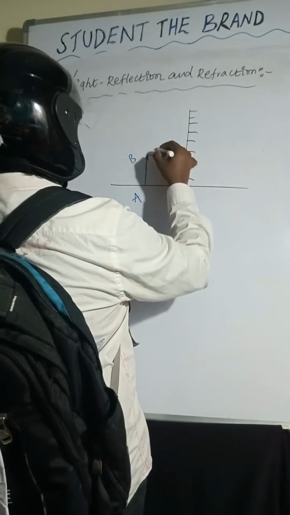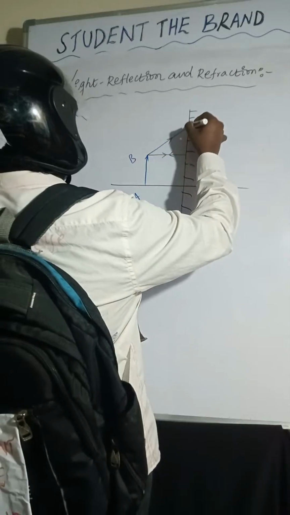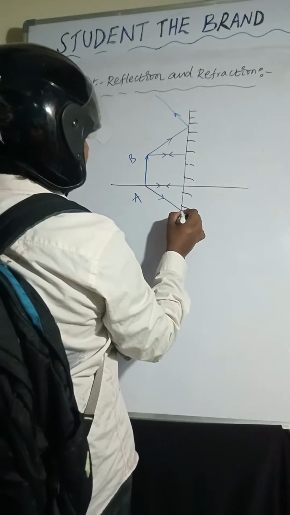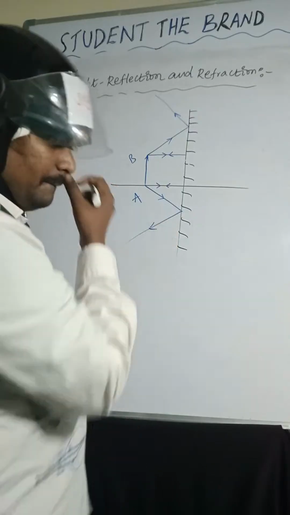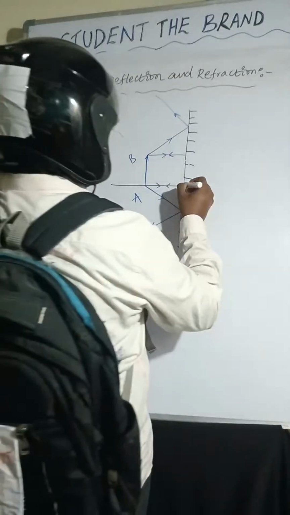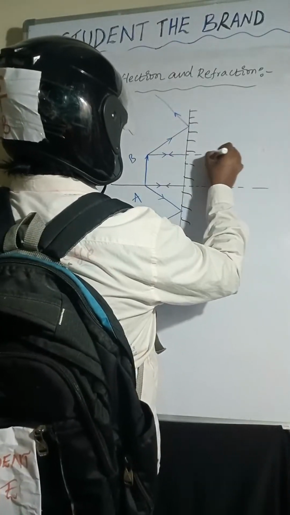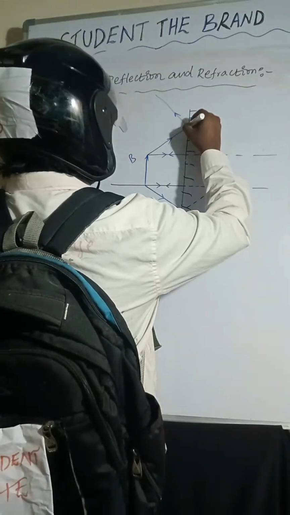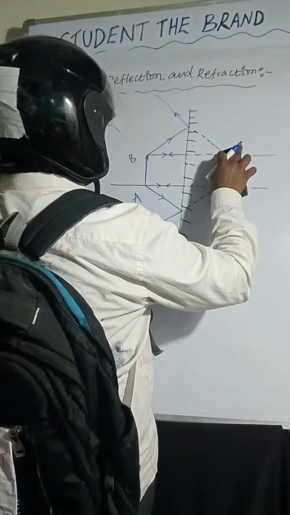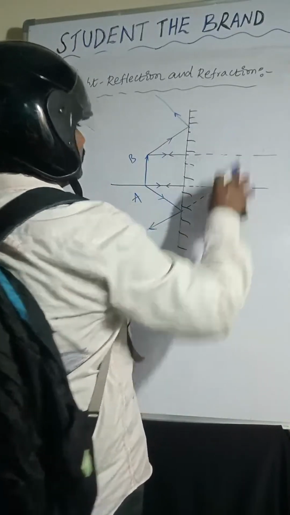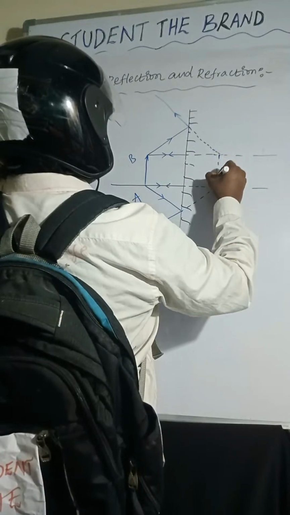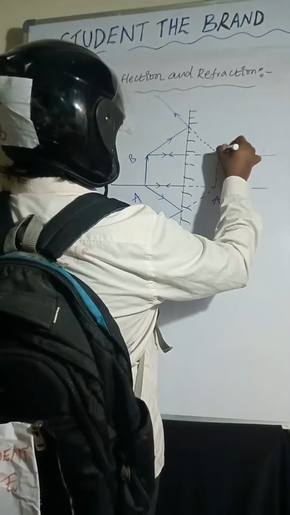A minimum of 2 light rays, I am taking like this, and here also. So A dash and B dash.